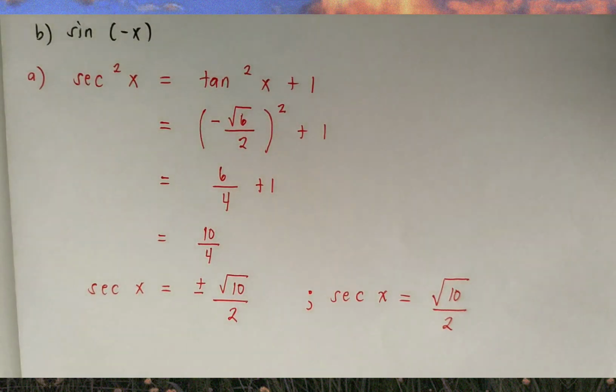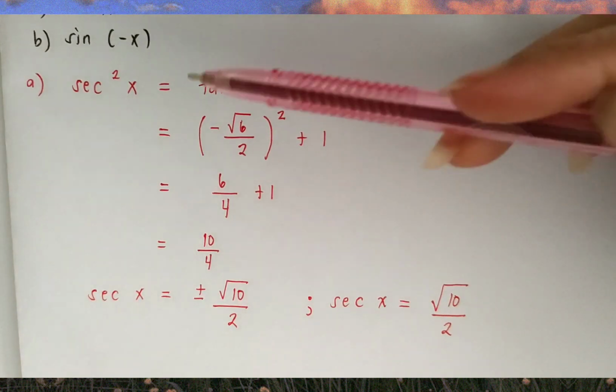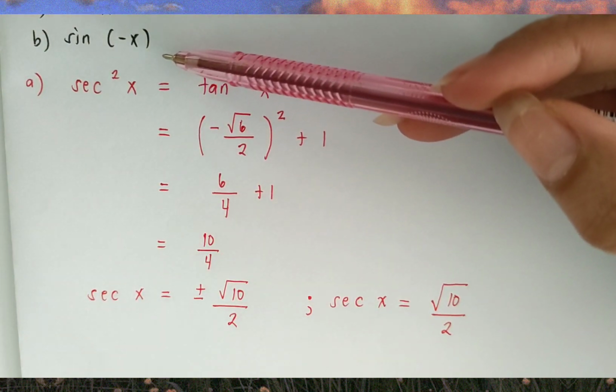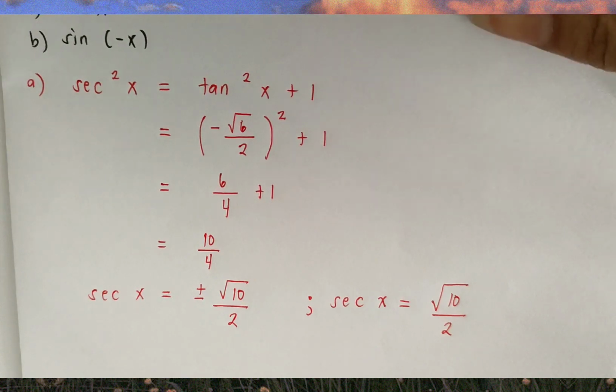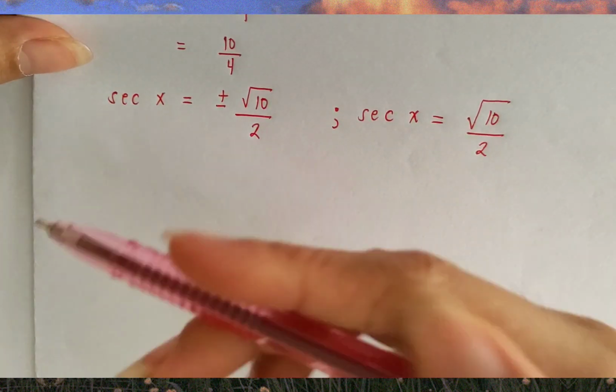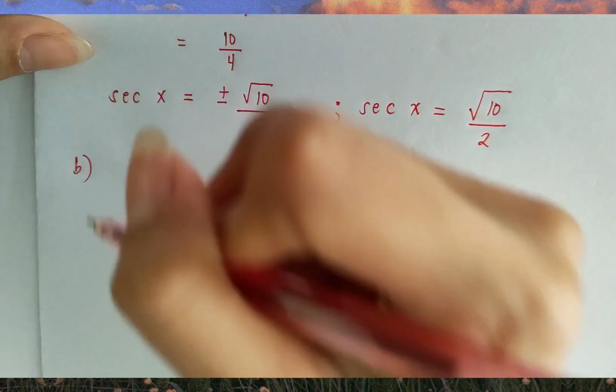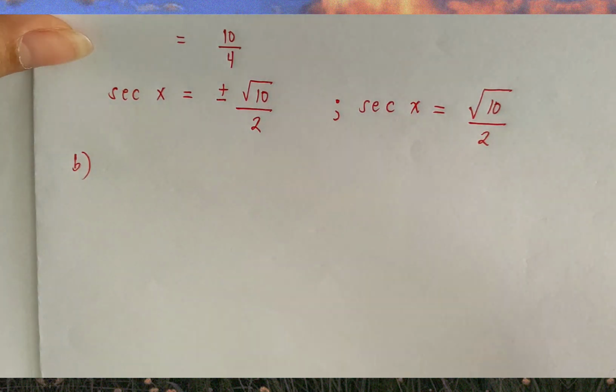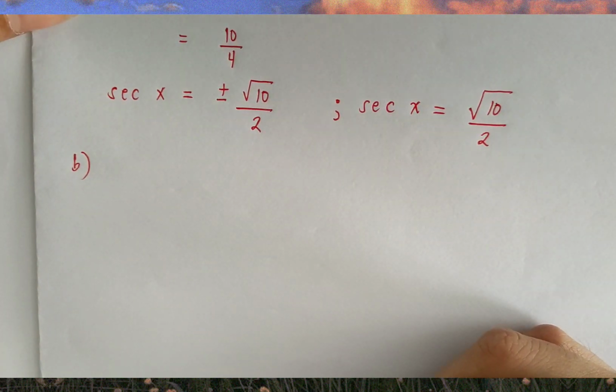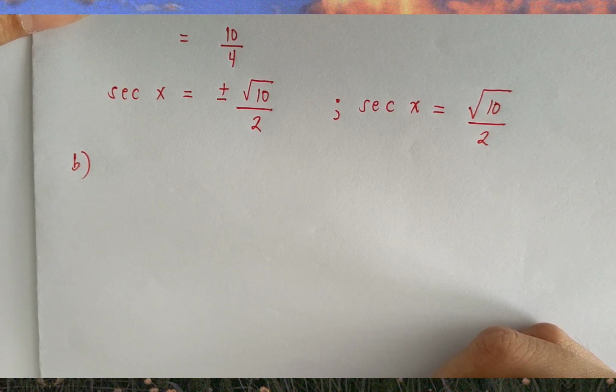Next, letter B. Sine negative x. From the quotient identities, we have tangent x is equal to sine x over cosine x, right? Thus, sine x is equal to tangent x cosine x.